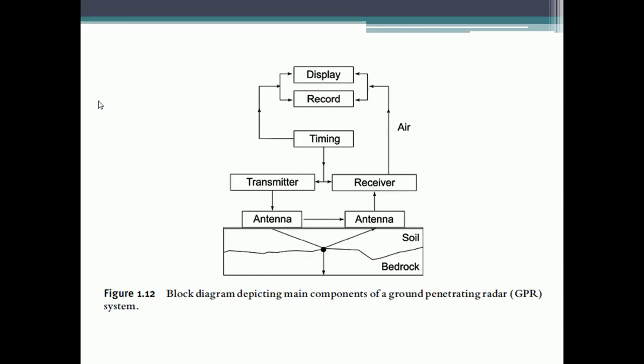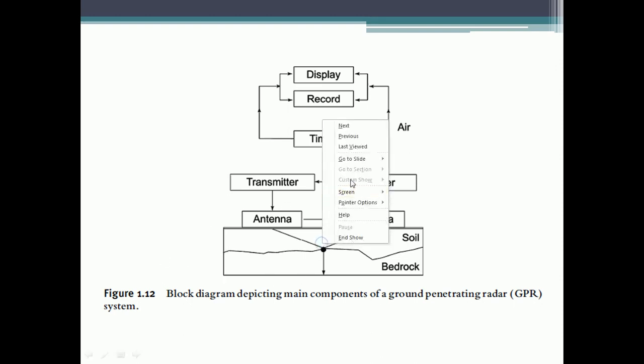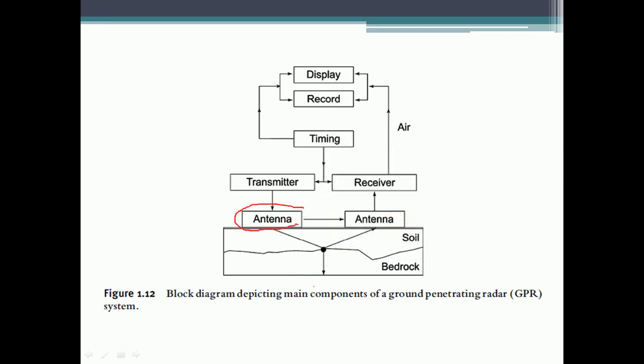So this is the block diagram, which represents the actual working principle of this GPR method. As we can observe here, this is the bedrock or the road surface we have, and above that there is an antenna, the transmitter antenna. Through this the waves are transmitted, and whenever they hit any bedrock or any object, they are transmitted back and received by the receiver antenna.